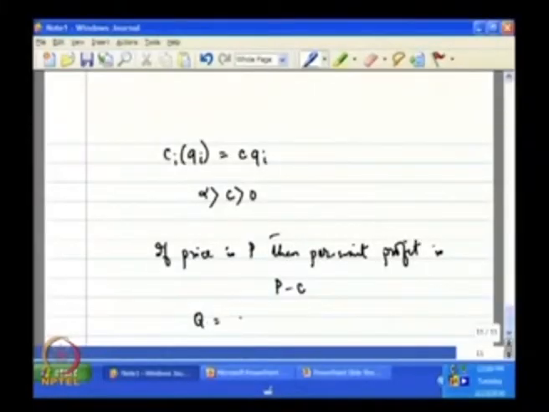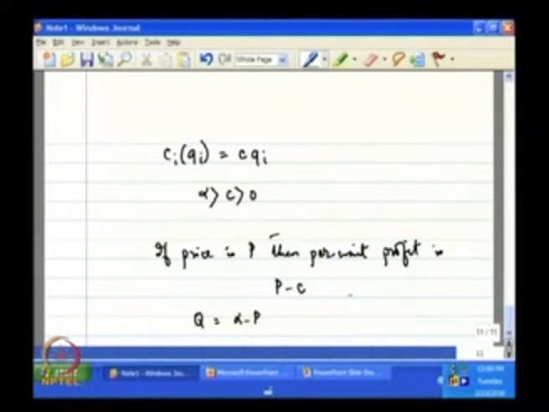If I set a price of p, what is the quantity that I am going to sell in the market? This is just given by the demand curve. So, q is equal to alpha minus p. This is the quantity that I am going to sell in the market if the price that I set is p, assuming that there are no other firms in the market. Suppose I am the only firm in the market.